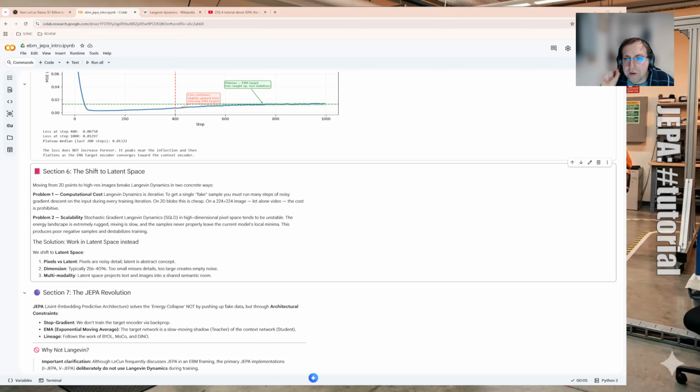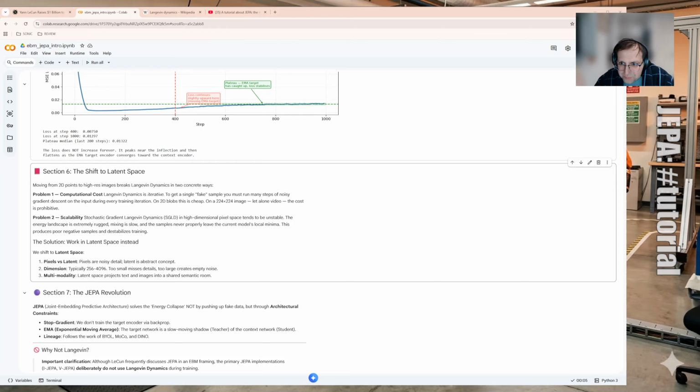Problem one is cost. Every Langevin negative requires 40 forward and backward passes through the model. If you have a 224 by 224 image, it's probably around 150,000 dimensional input space.